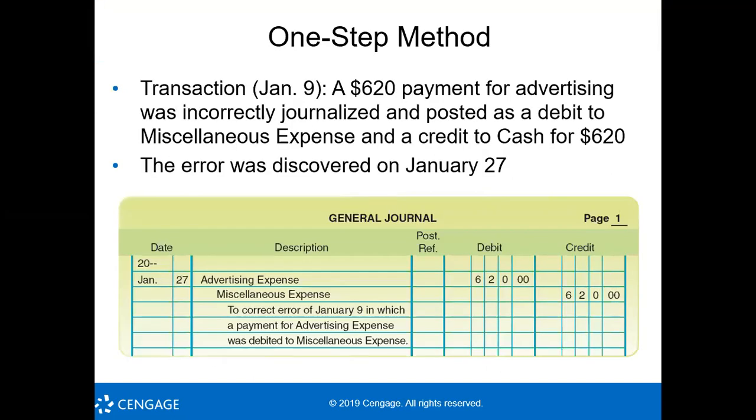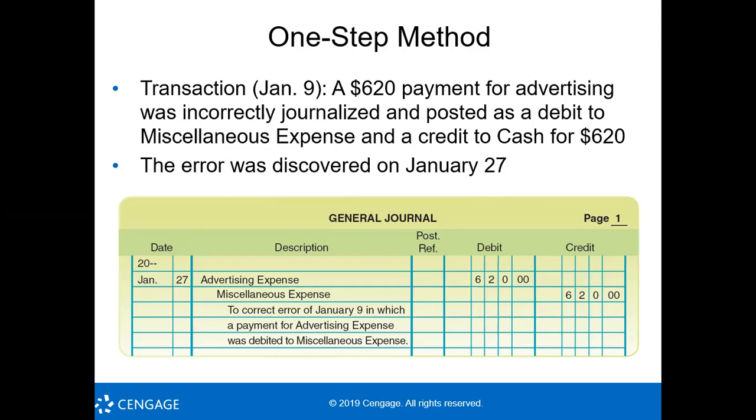So we're seeing on this one, it says January 9th, a $620 payment for advertising was incorrectly journalized and posted as a debit to miscellaneous expense and a credit to cash for $620. So it should have went into advertising expense, but it went into miscellaneous expense. So the original entry would have been a debit to miscellaneous expense, a credit to cash, right?